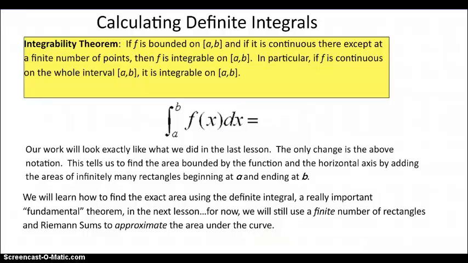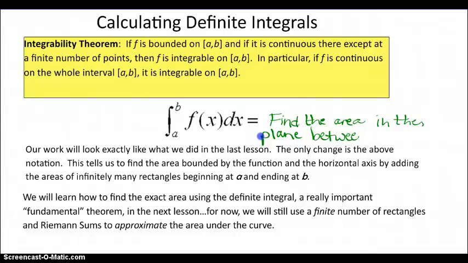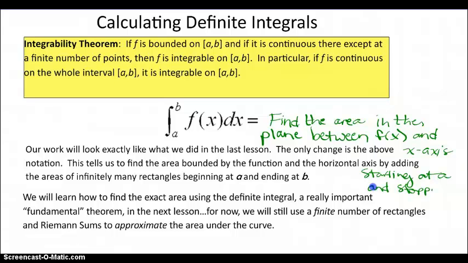Instead of being told to use a Riemann sum and instead of being told to approximate the area, we're going to use this to tell you to find the area in the plane between f of x and the horizontal or x-axis, starting at a and stopping at b.